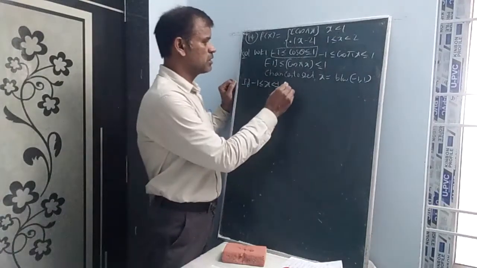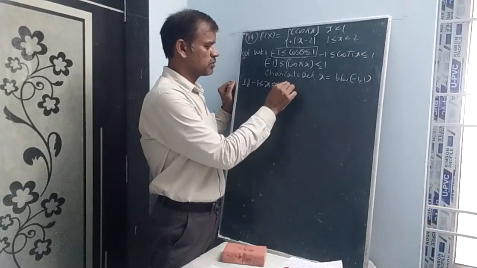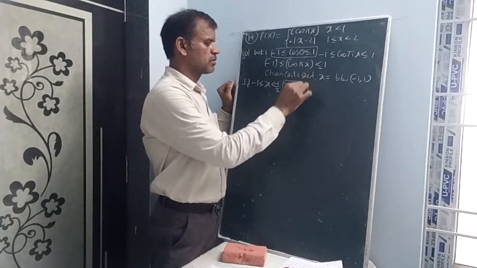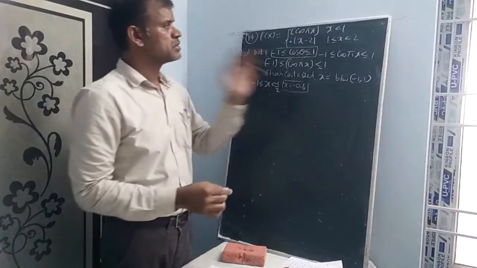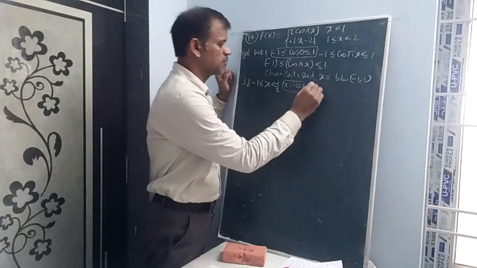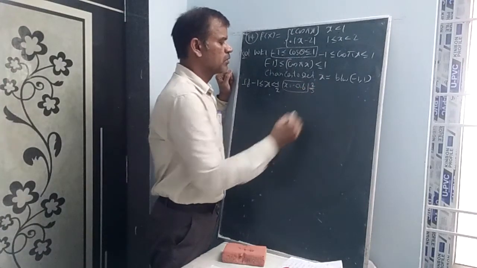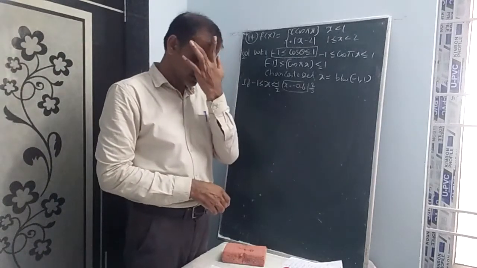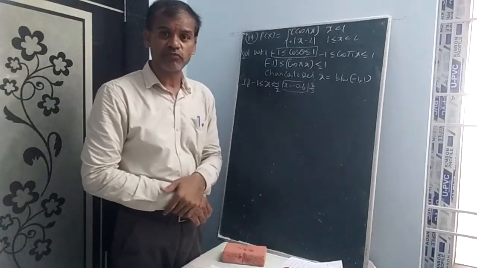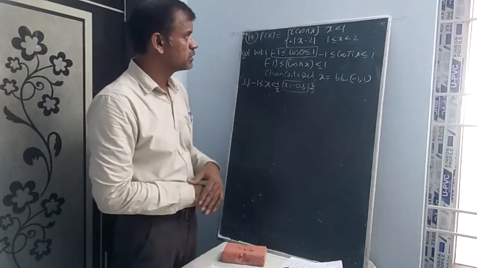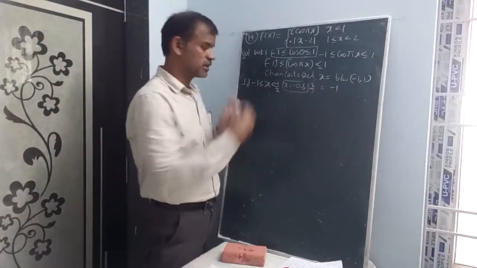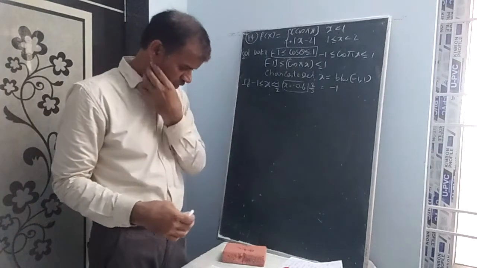So cos 2 pi by 3, with x is equal to minus 0.6, is minus 0.5. Minus 0.5 means step is minus 1. So that is minus 1. Like that, for every value we need to consider.